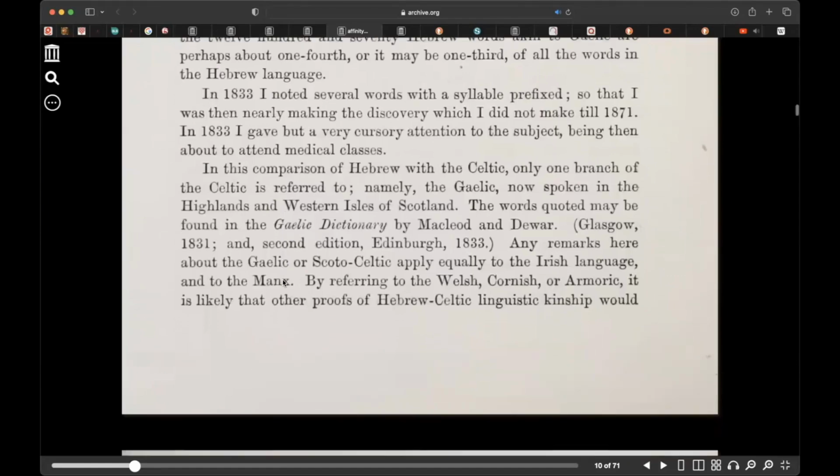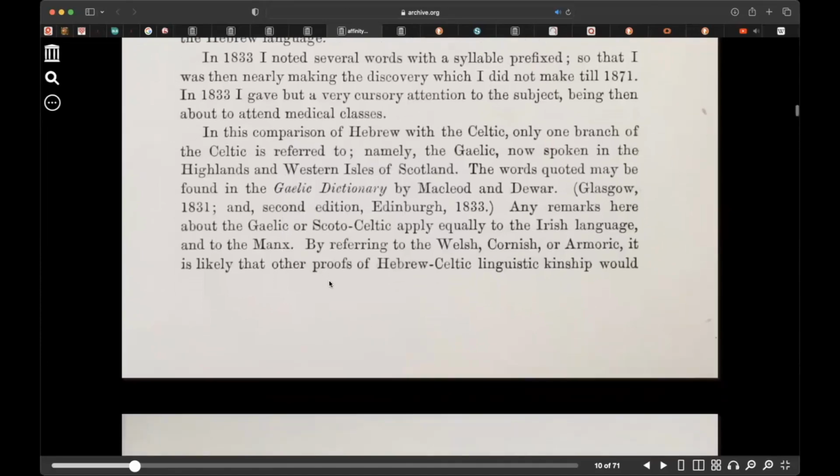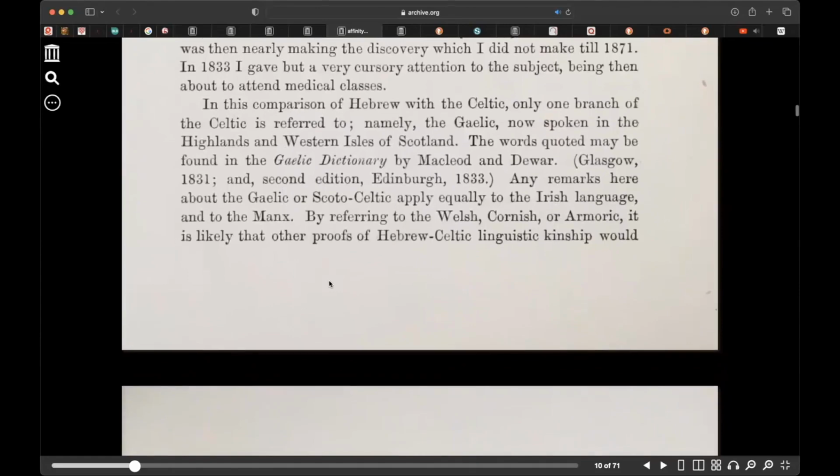In this comparison of Hebrew with the Celtic, only one branch of the Celtic is referred to, namely the Gaelic, now spoken in the Highlands and Western Isles of Scotland. The words quoted may be found in the Gaelic Dictionary by MacLeod and Dewar.